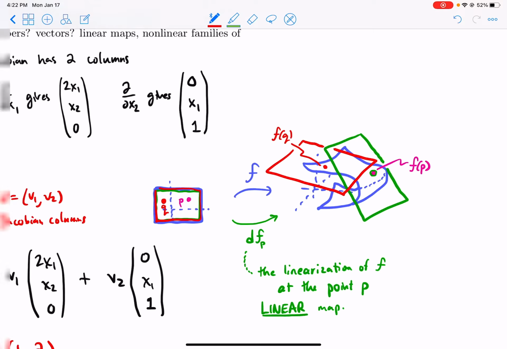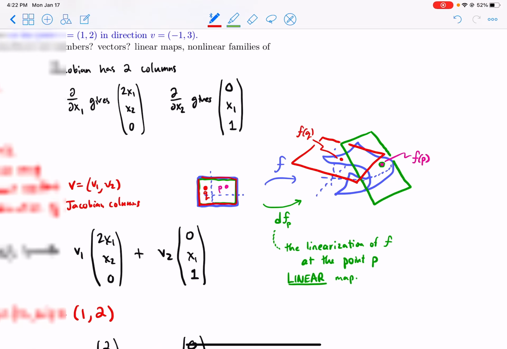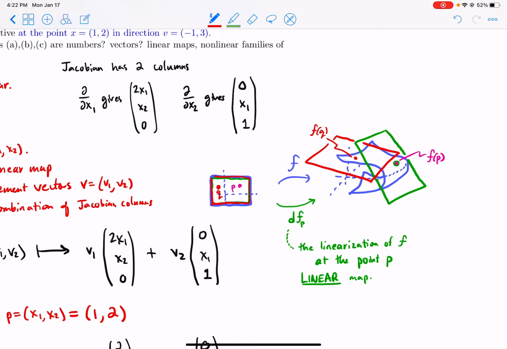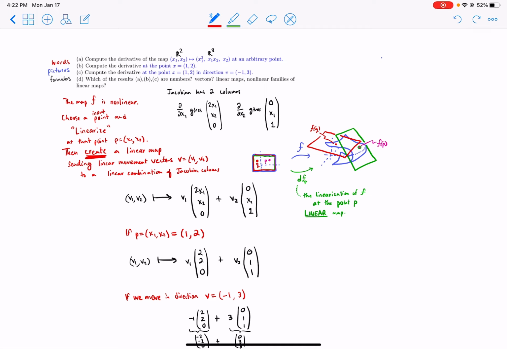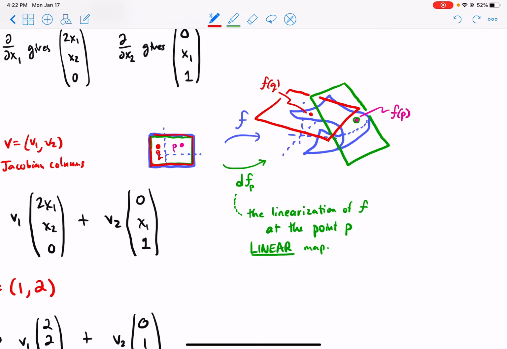Right, so if you linearize at a different point, you're going to get a different linear map because you're going to plug in different numbers, and so you're going to take linear combinations of different vectors. And anyway, this is the geometry that's happening here: if you linearize at different points in the input space, then you'll apply that map and you'll get different planes.